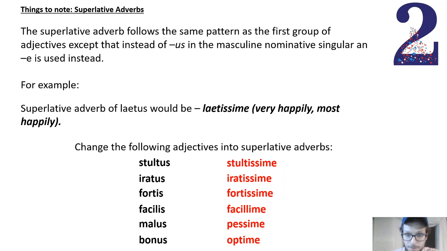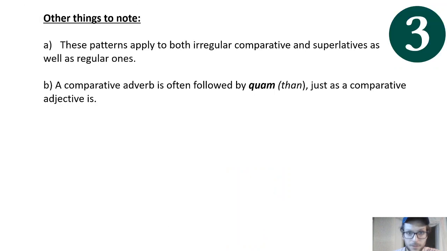Okay? So do not forget that irregular and regular, superlative and comparative adverbs all change in the same way. A comparative adverb is often followed by quam, which means than, just as a comparative adjective is.